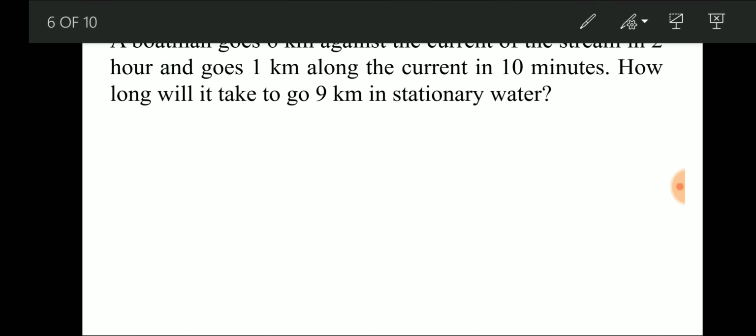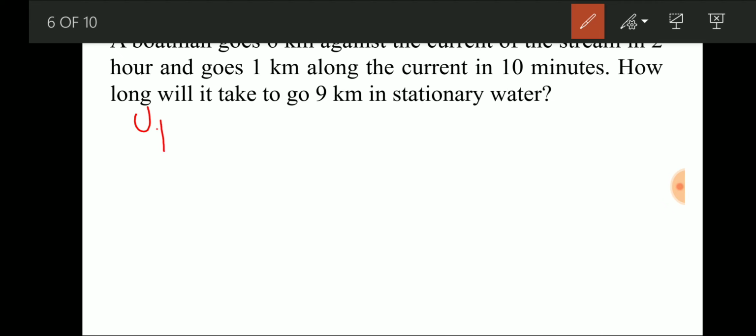A boat goes 6 kilometers against the current of the stream in 2 hours and goes 1 kilometer along the current in 10 minutes. How long will it take to go 9 kilometers in stationary water? So we'll go one at a time. The boat goes 6 kilometers against the current in 2 hours, which means upstream.